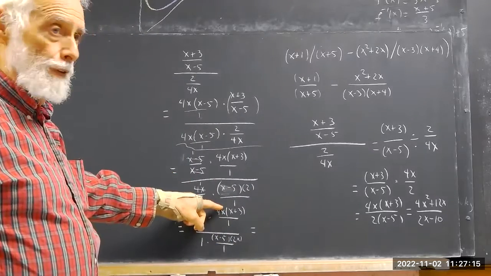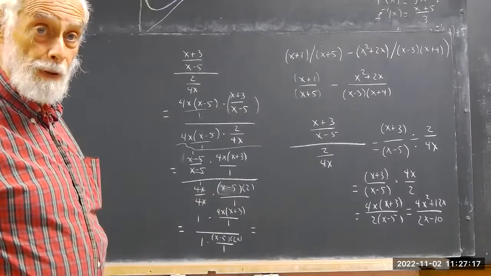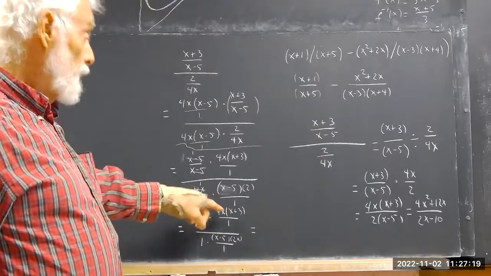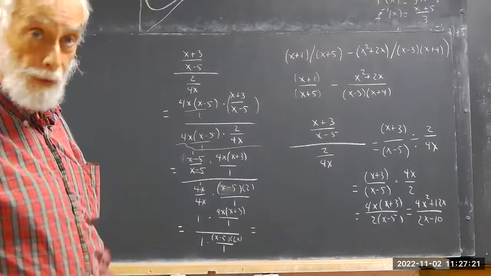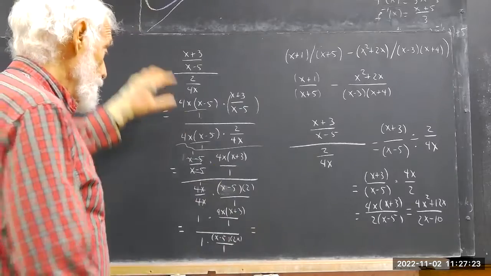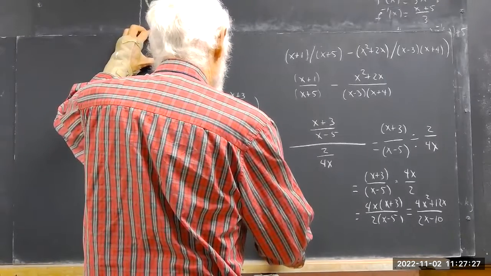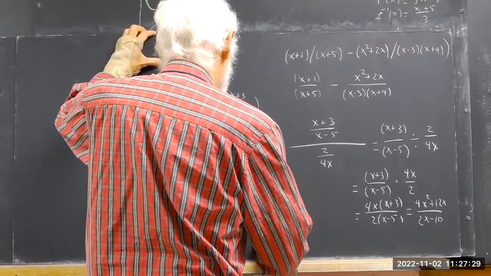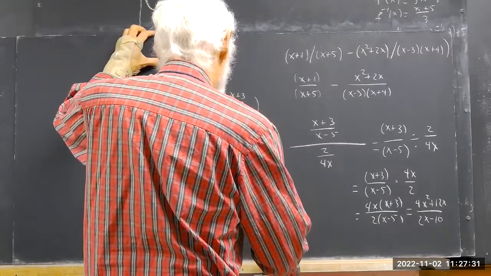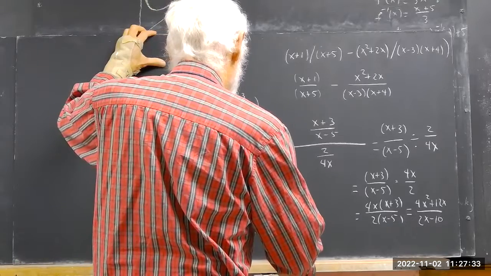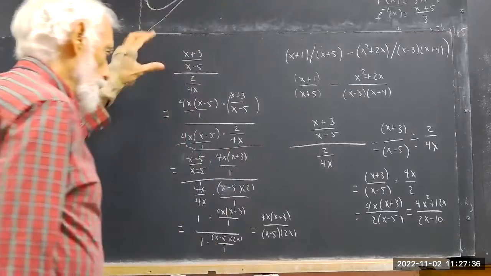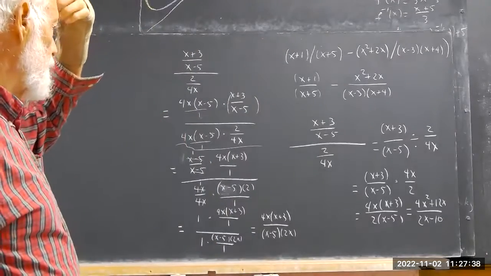This 1 divides into this, it just gives us 4x times x plus 3. And 1 times 4x times x plus 3 is just 4x times x plus 3. Same in the denominator. So we get 4x times x plus 3 over x minus 5 times 2x.